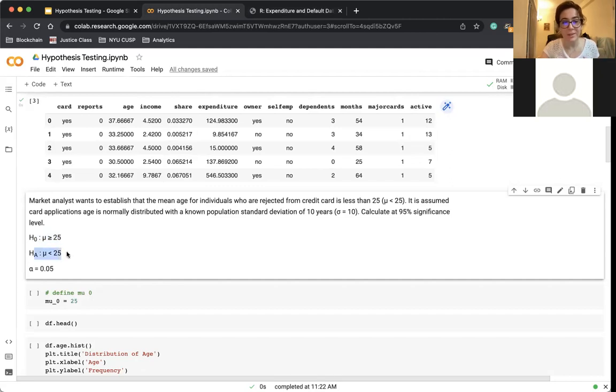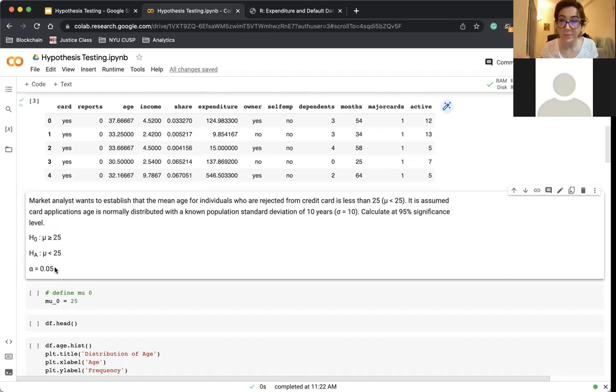And our alternative is proving the opposite, to say that we want to find evidence from this data set to see if the average age of folks who get rejected is less than 25. And if it is, we would find evidence to say, hey, this market analyst has a new discovery. But we need enough evidence to see a value at least as extreme, because it could just be due to random chance that this sample had an average age less than 25.